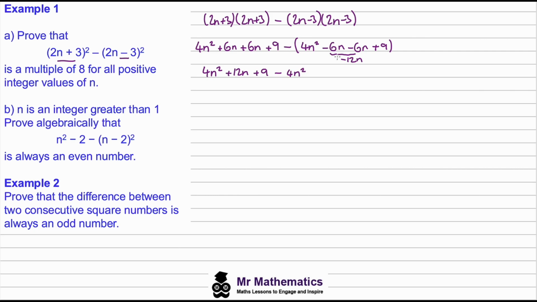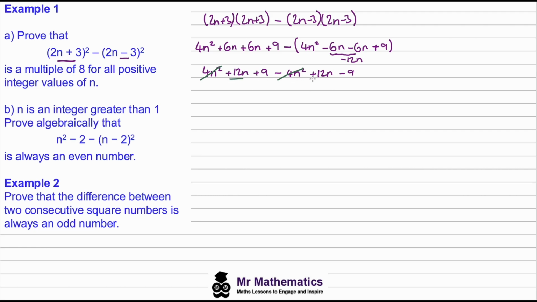This negative times that negative will give us a positive 12n, and then the negative times the 9 will give us negative 9. So now if we continue collecting the like terms, we've got a 4n squared, we'll cancel with a negative 4n squared to make 0.